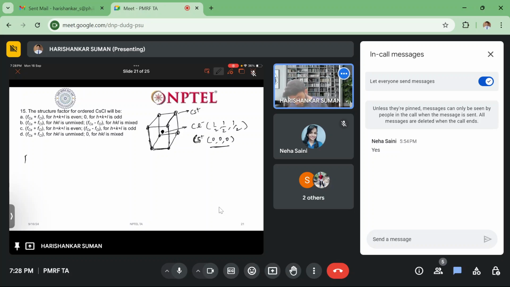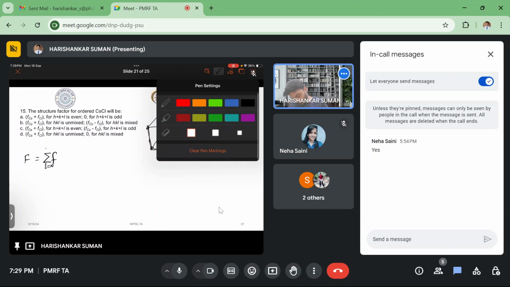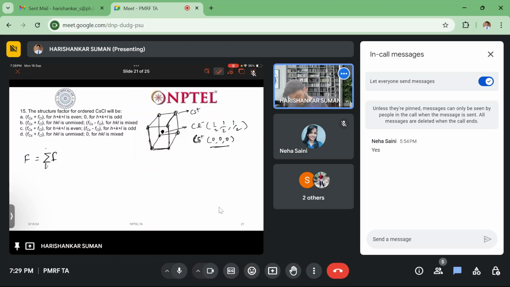So we know the structure factor is the summation over atoms 1 to n.